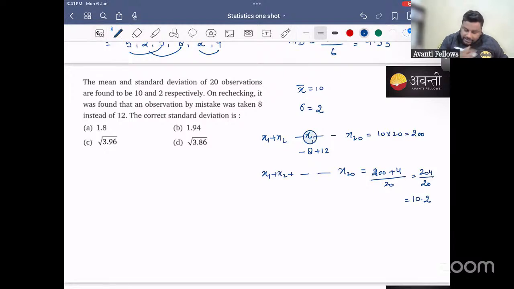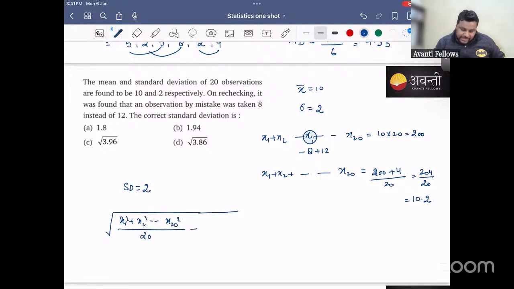Now, standard deviation is 2. That means under root of x1 square plus x2 square up to x20 square whole divided by 20, minus the correct mean, since they are asking the correct standard deviation. Definitely you will take the correct mean now, which is 10.2, whole square.